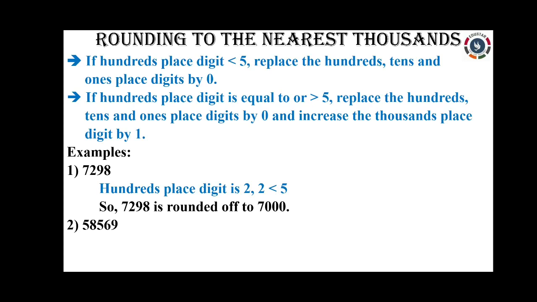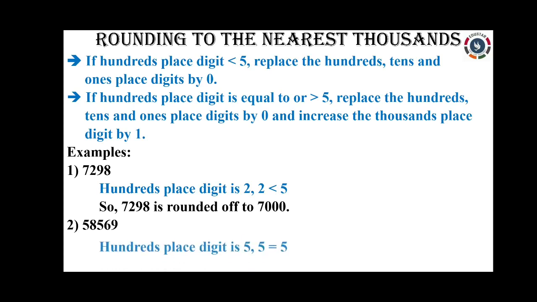In 58,569, the hundreds place digit is 5. 5 is equal to 5. Then we have to replace the hundreds place digit, tens place digit and ones place digit with 0, and we have to increase the thousands place digit 8 plus 1. 8 plus 1 is 9.